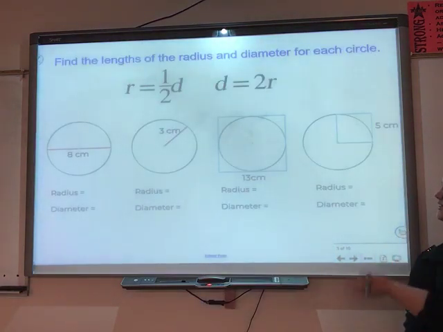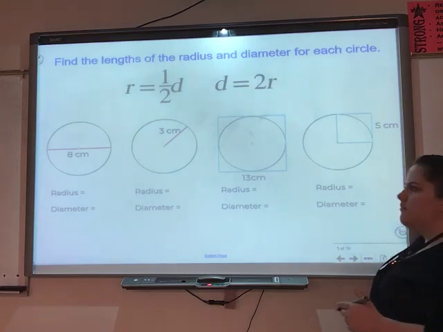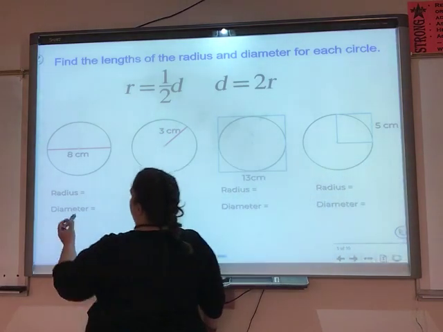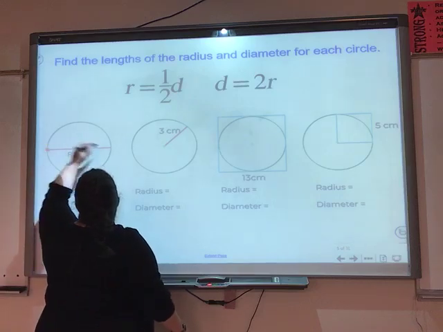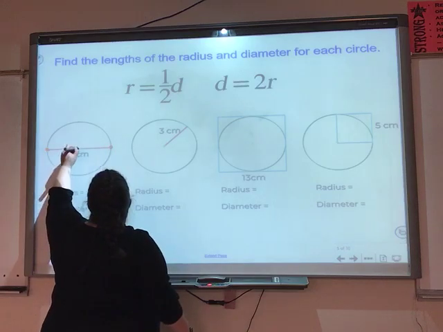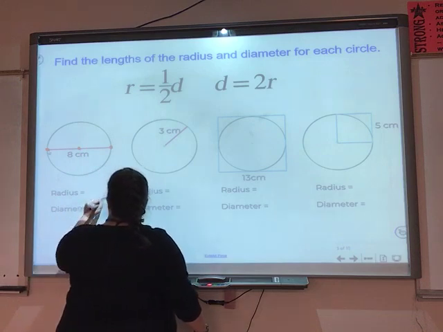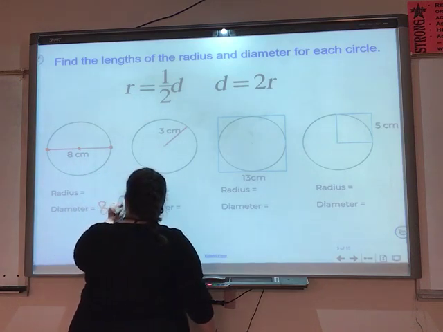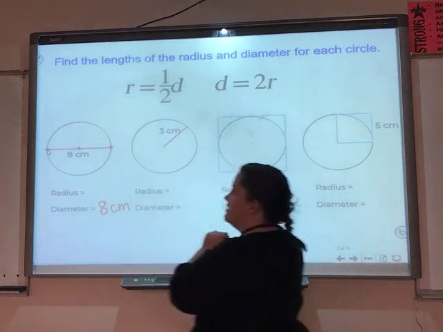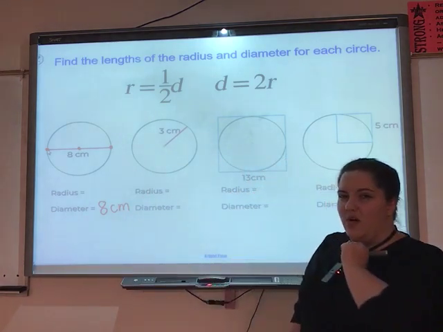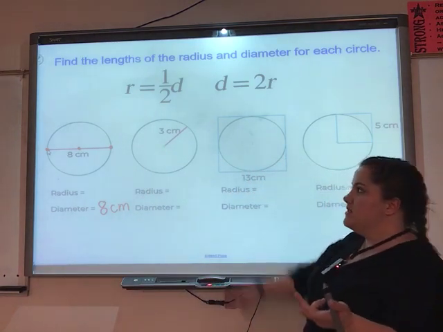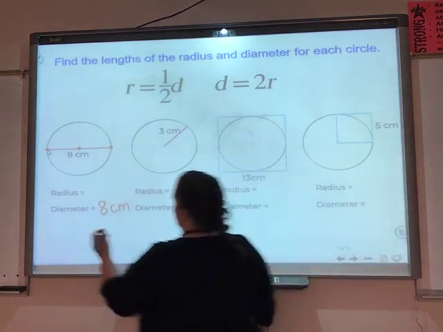Now looking here, we want to find the lengths of the radius and diameter for each circle. So we have right here going from one endpoint to another edge, and we go through the center. That means that it's a diameter, so our diameter is 8 centimeters. Now we want to look, what is our radius? Well, let's use our formula.